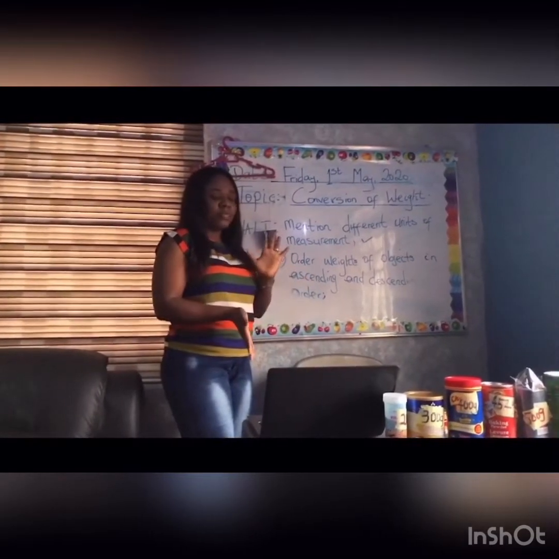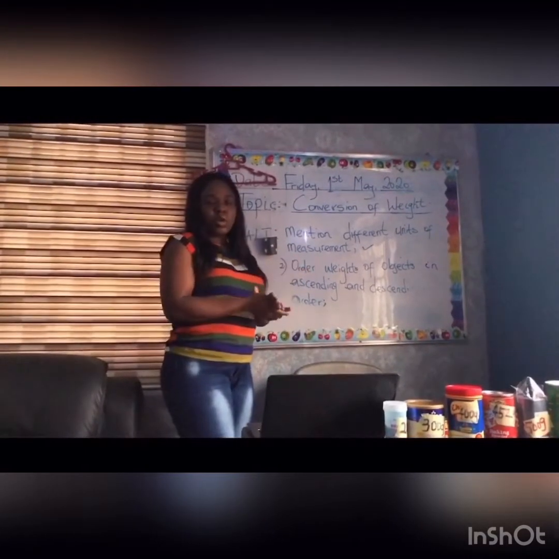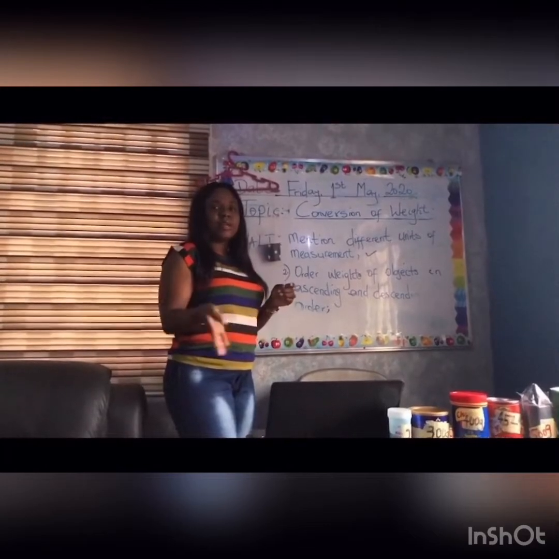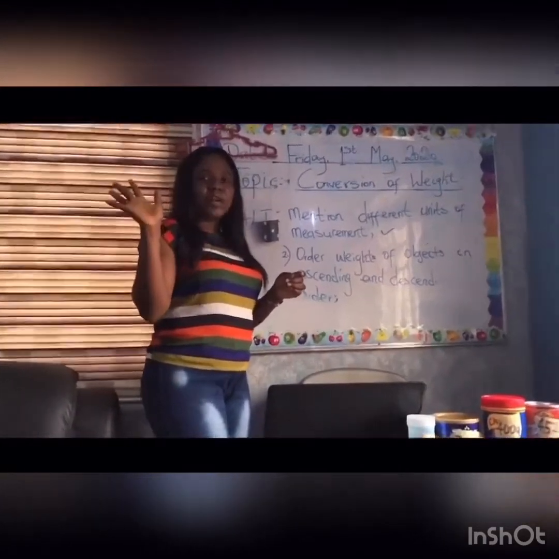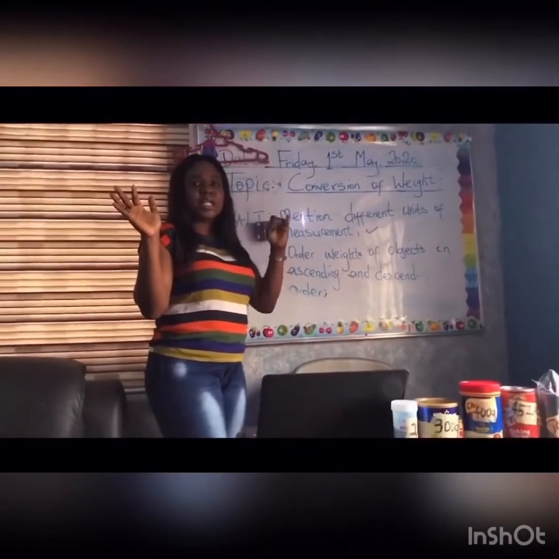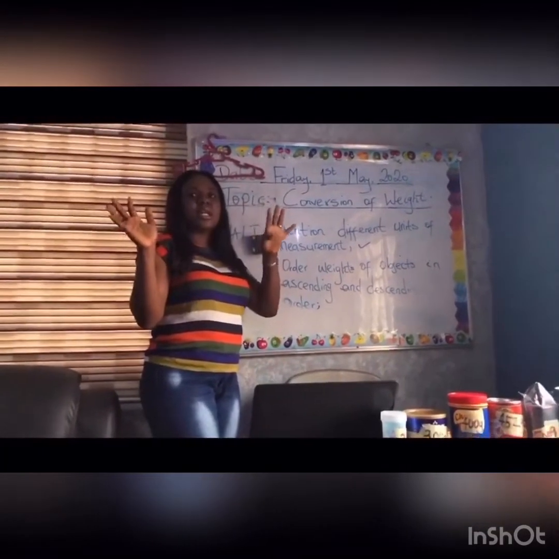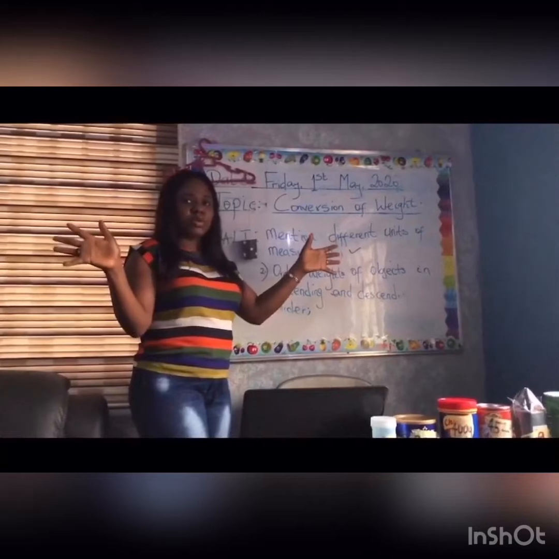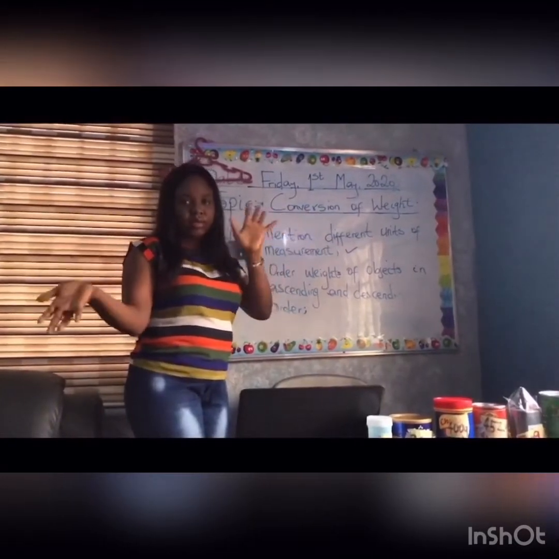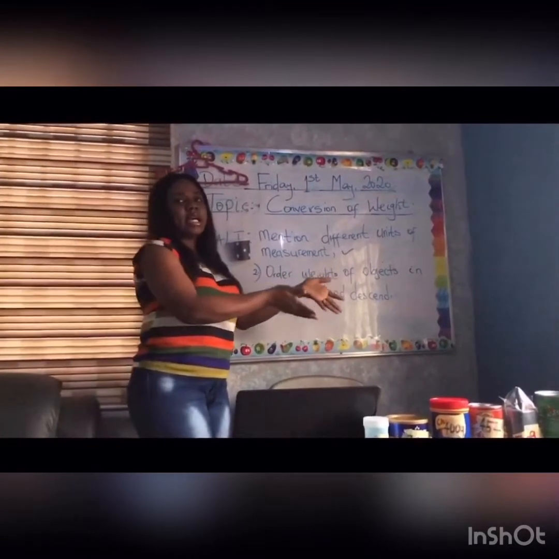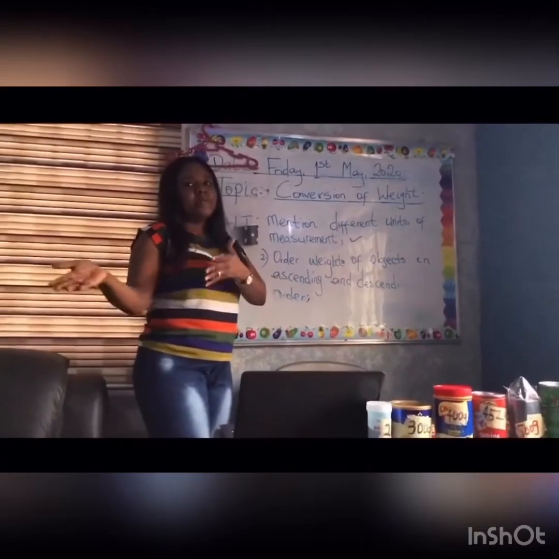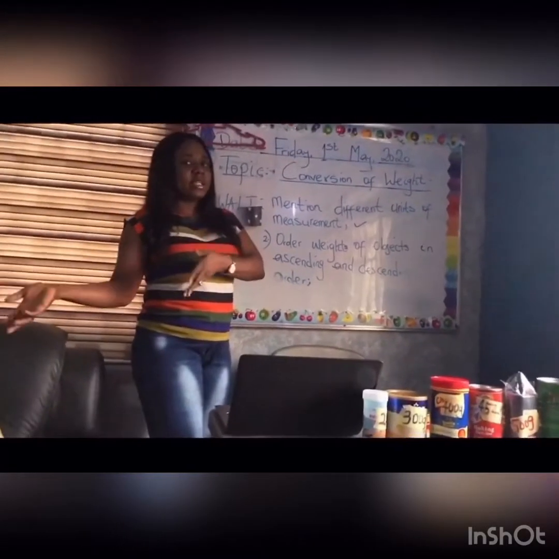Let's go. 100, 200, 300, 400, 500, 600, 700, 800, 900, and the big number 1000. Okay? Just like 10, 20, 30, 40, 50, 60, 70, 80, 90, 100.